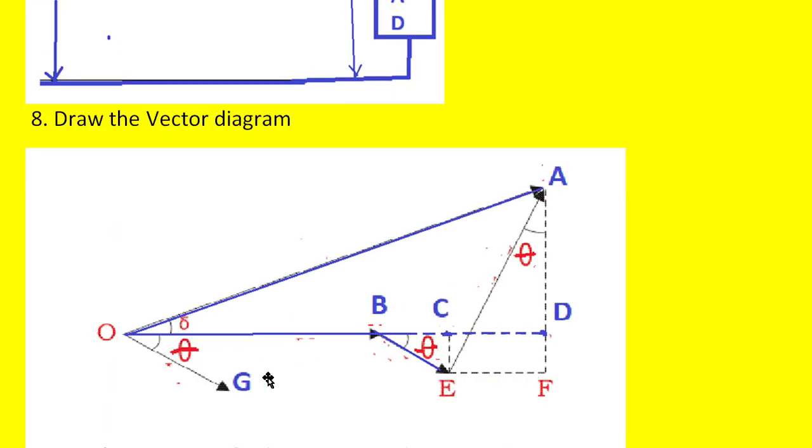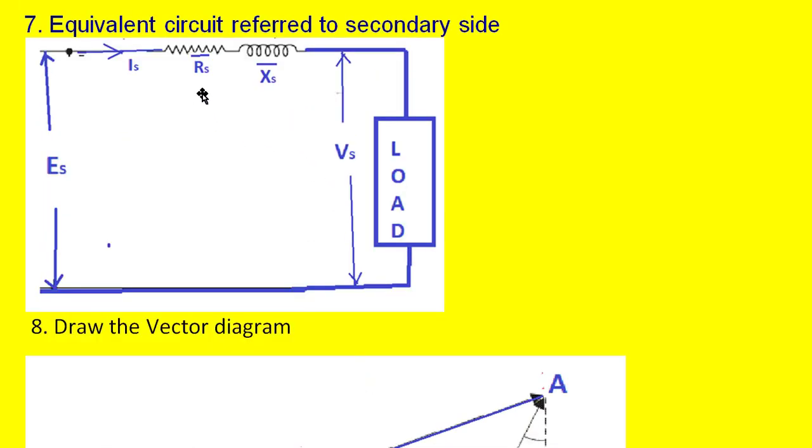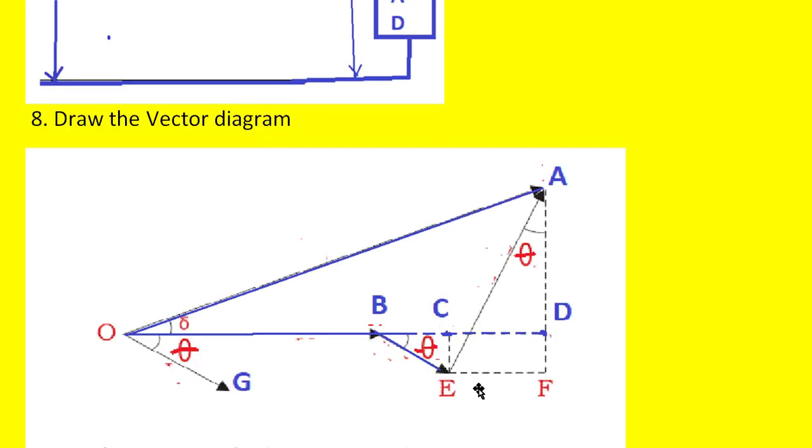To get this, first add the Is Rs bar voltage drop, which is in series with the Is. We represent that here as BE. This vector is parallel to the OG vector. OG is the Is and BE is the Is Rs bar.